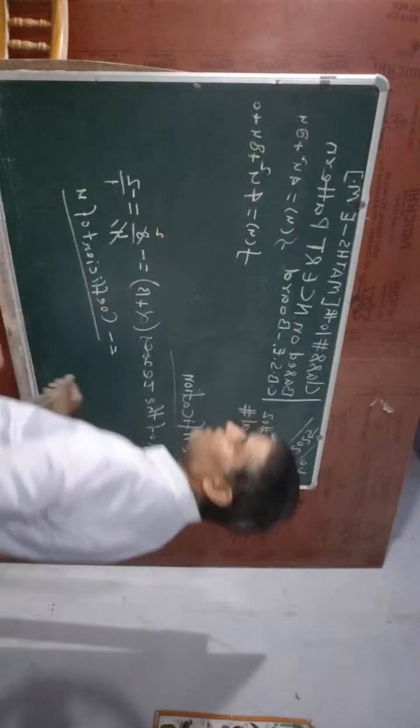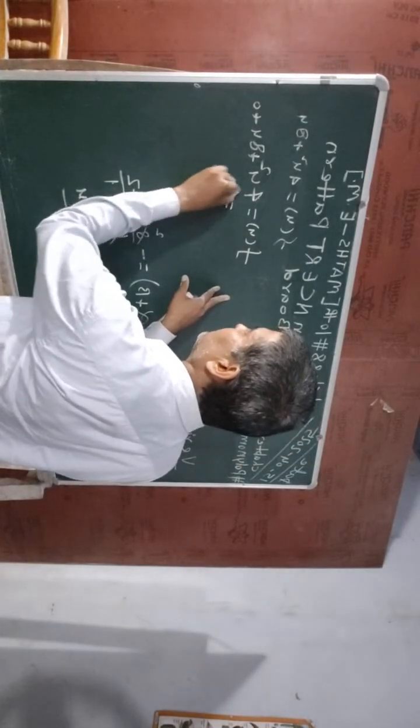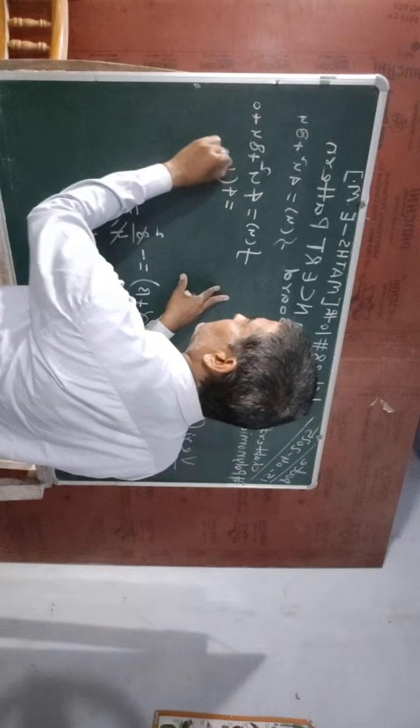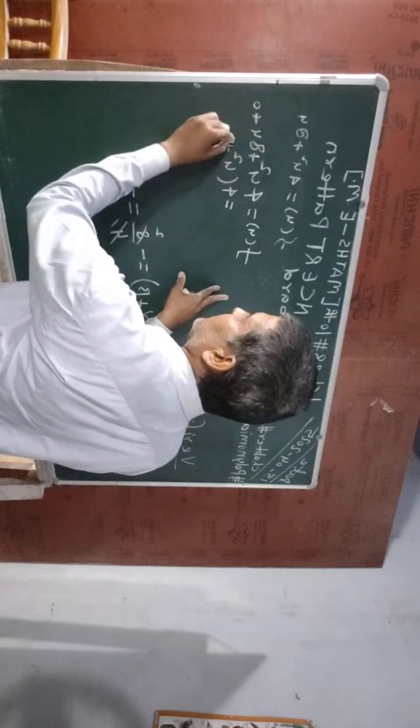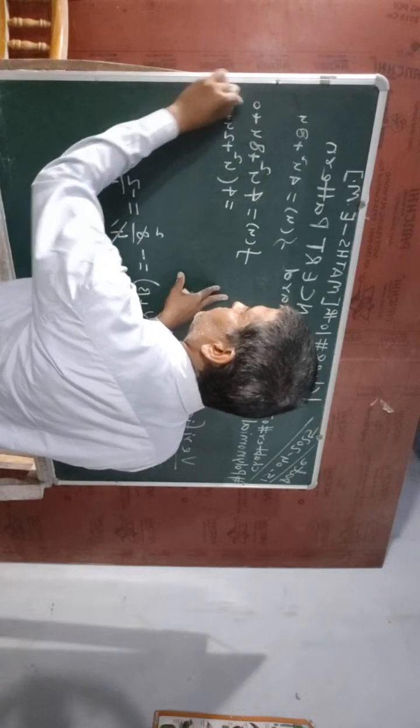Here 1 is available, which means if I take 4 common, it will be like this: 4 times u square plus 2u plus 0.